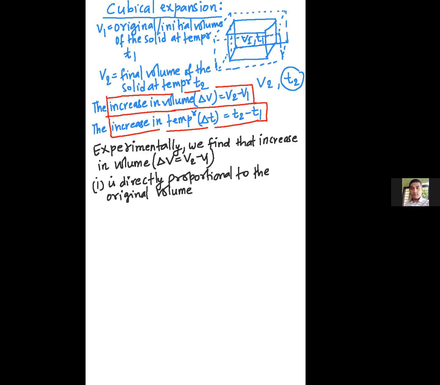So we can write delta V proportional to V1.